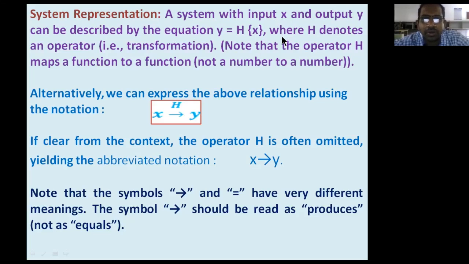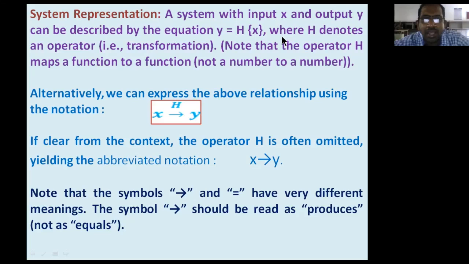So we have an arrow operator, known as the produces operator. It says that system h produces output y when it is given some input x. So equal to is something different here and this arrow mark is something different. The arrow mark indicates that a system is going to process the input signal.